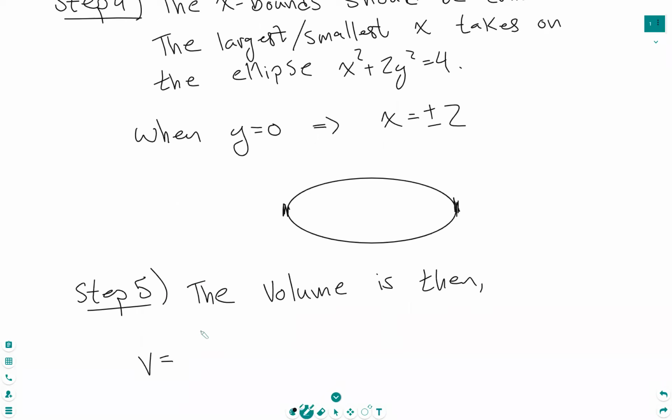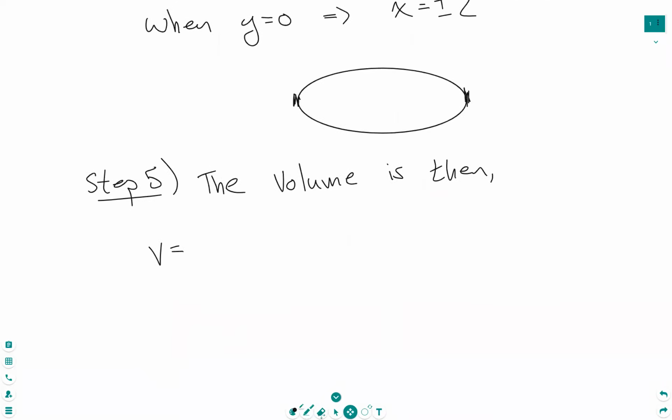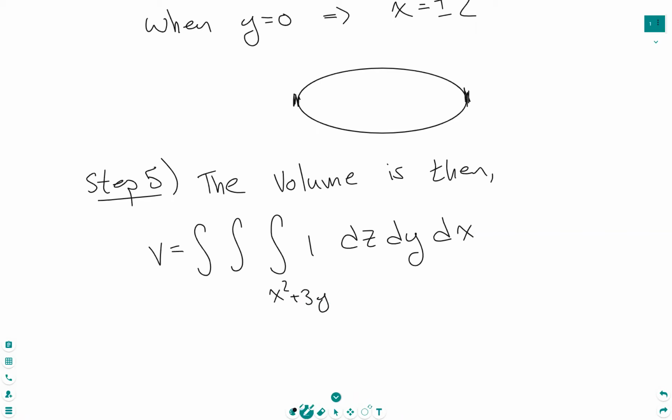We have our triple integral of 1 dV, which we're doing dz, dy, dx. We said that z went from our lower function, which we found to be x squared plus 3y squared, to our upper function, which was 8 minus x squared minus y squared.